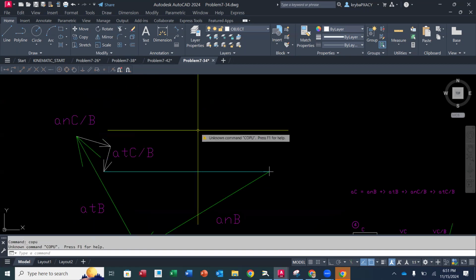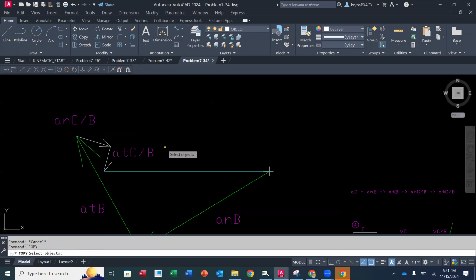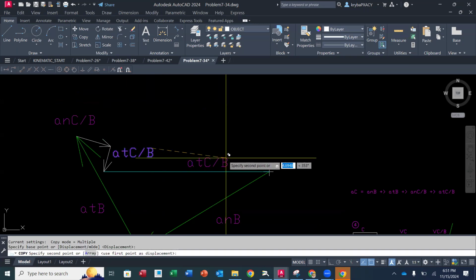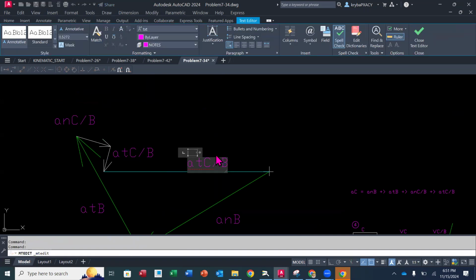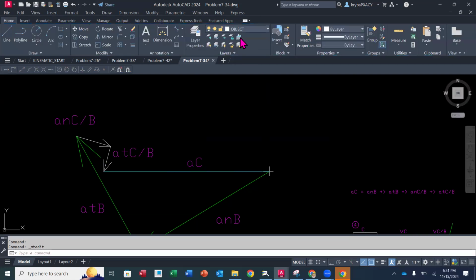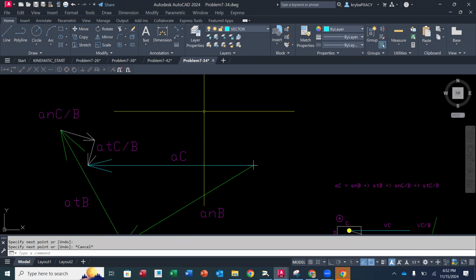And then the acceleration of C is just going to be a straight line acceleration. It's not going to be a normal or a tangential. It's a straight line acceleration because it's a slider along that direction.